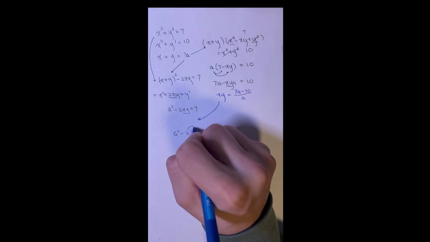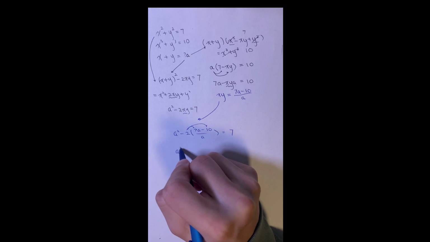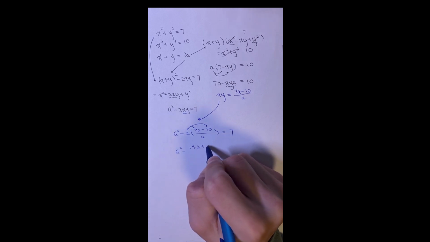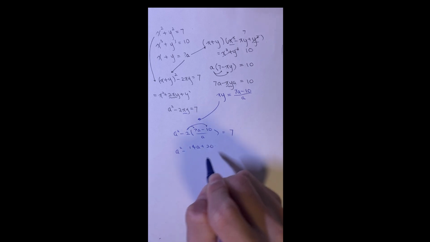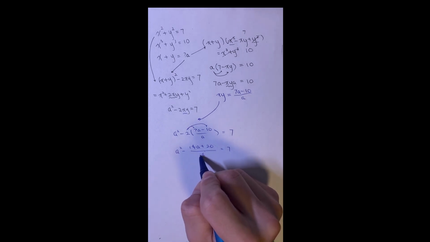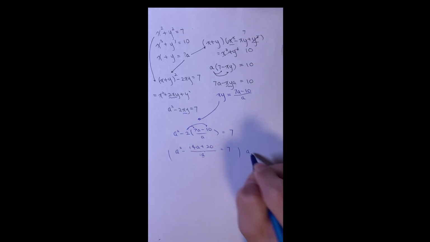All right. So now we can open this up by multiplying this with that and this with that. A squared minus 14a plus 20, no, a, sorry, divided by a equals 7. Now, because we have an a in the denominator here, which is quite annoying to deal with, we can multiply this entire thing by a.